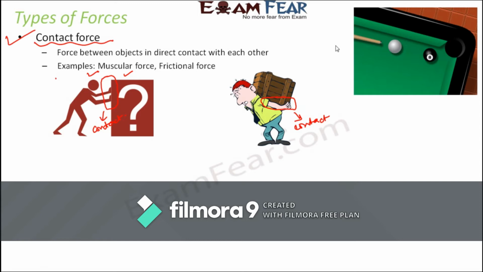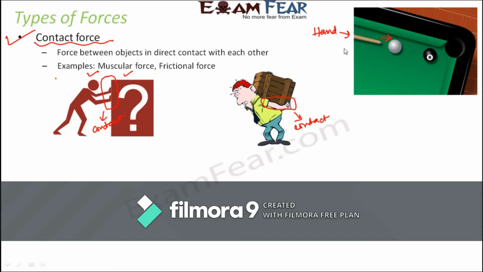Look at this example where you do not have direct contact with the object, but you have contact with the object through some other object. Now if you look at this, what do you see? This is the ball. The ball is being touched through this rod. And who is holding the rod? A person. A person's hand is in contact with this rod, and this rod will come in contact with the ball. As soon as the person applies a force on the rod, the rod will apply a force on the ball, and the ball will start moving.